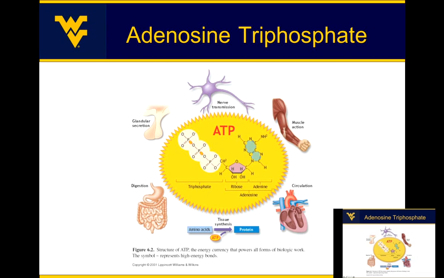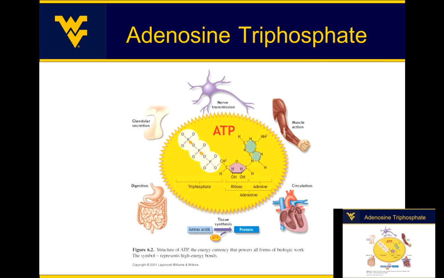Notice that the bonds, especially of these outer two phosphates, are kind of lit up in this schematic because these are considered high energy phosphate bonds. It is the energy that's stored in these bonds that, once you break it, can be released to cause the stuff that you're looking at on the process. So the goal is to always have ATP available.